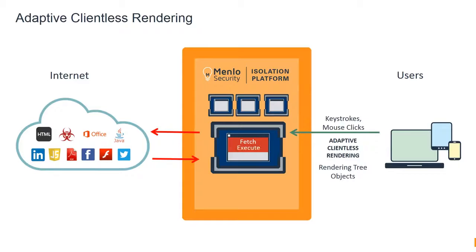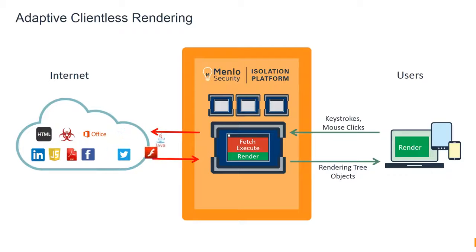Unlike technologies like VDI, which send pixels to the end user's device, ACR technology selects the optimal native encoding for rendered content, text, graphics, audio, video, etc., and delivers the display information using standard browser rendering objects. That's why you see the scrolling to be smooth, and features like copy, paste, print, autofill, they all work normally because the user's local browser is using standard rendering objects to paint the screen.